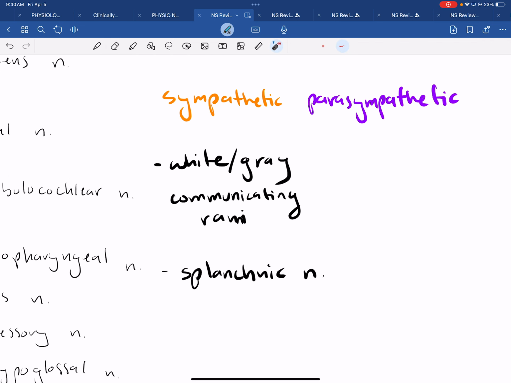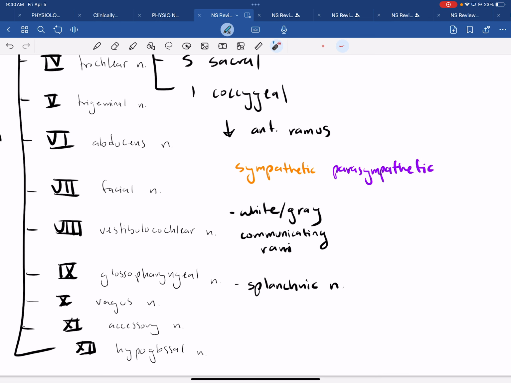Just write it down for now, and maybe your instructor will talk about it, maybe not. But once we go over the autonomic nervous system, you're going to wonder what that thing coming off medially is. It's called a splanchnic nerve. It's a sympathetic nerve, basically.